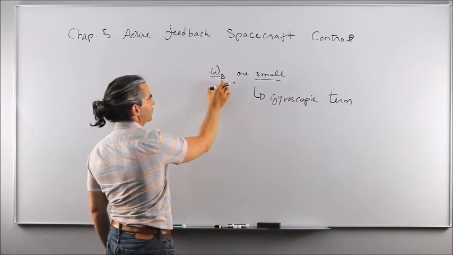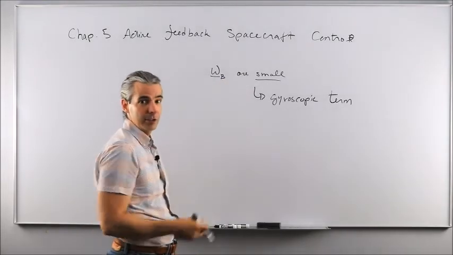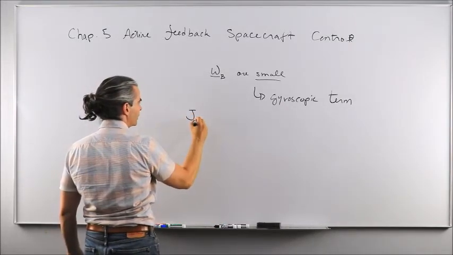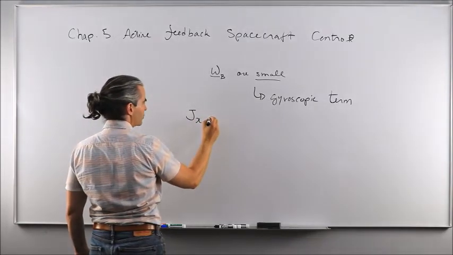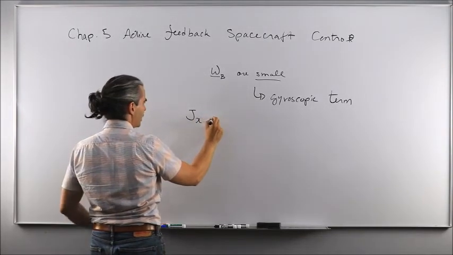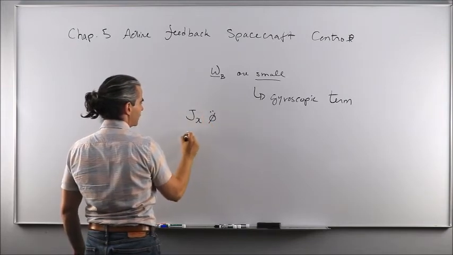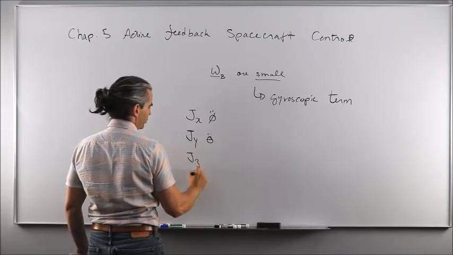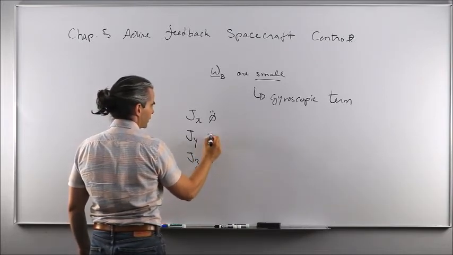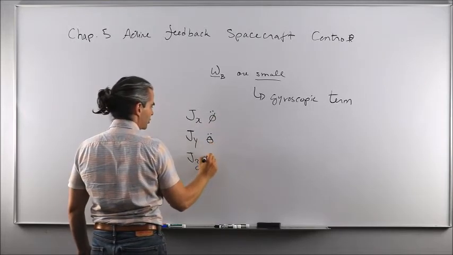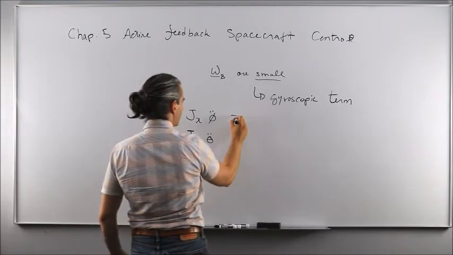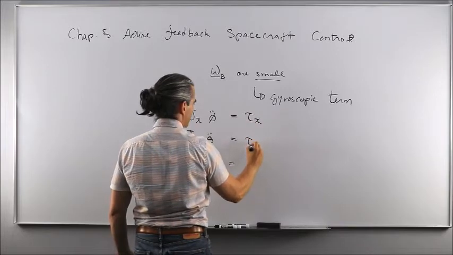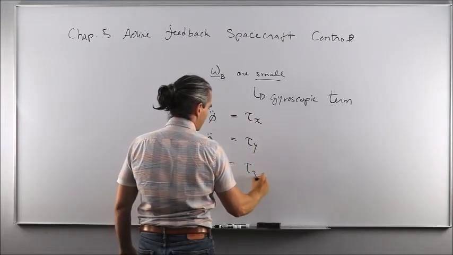So two components that are small being multiplied together will be approximated to be equal to 0, and therefore would allow us to rewrite our equations of motion for a principal axis body-fixed reference frame to simply be Jx roll acceleration, Jy pitch acceleration, Jz yaw acceleration, not rate, equal to the external torque being applied about the x-axis, about the y-axis, and about the z-axis.